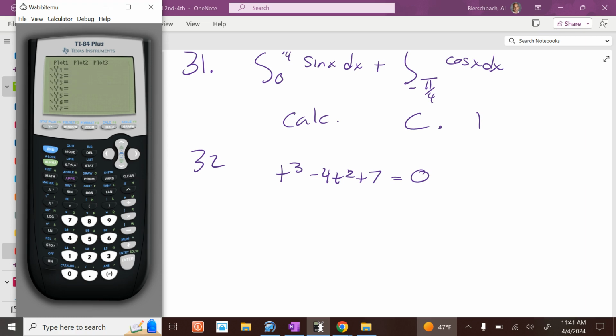Then I'll go x cubed minus 4x squared plus 7, and graph it. I want to find the points where it's crossing the x-axis.